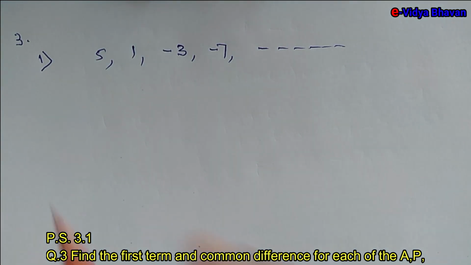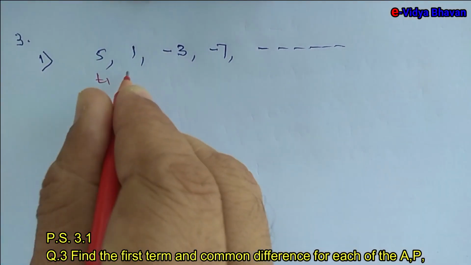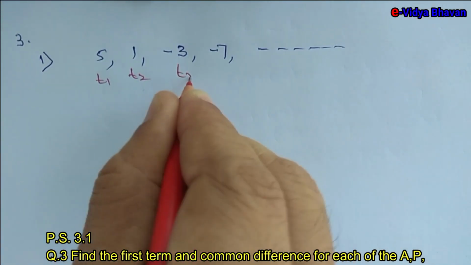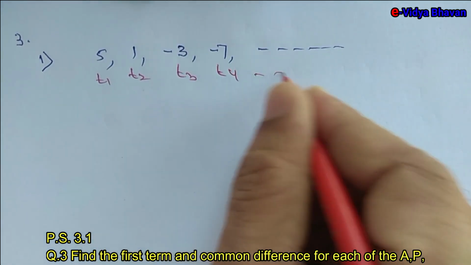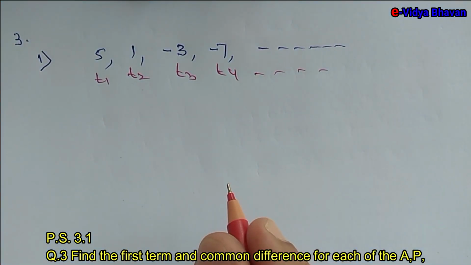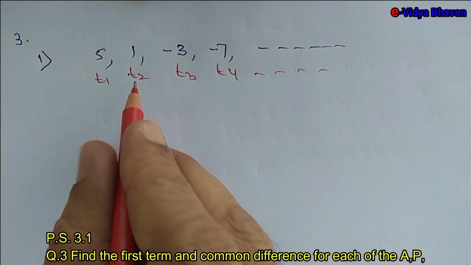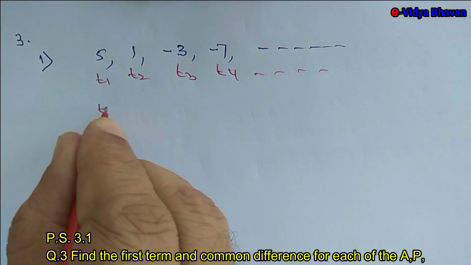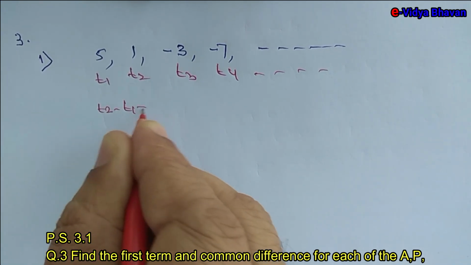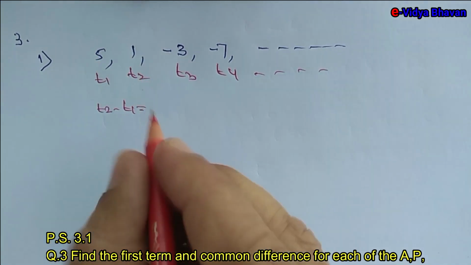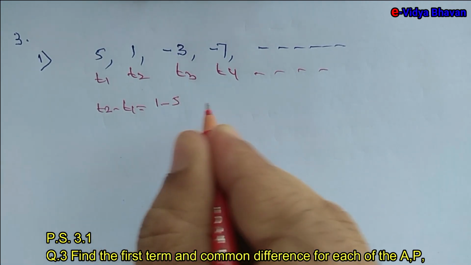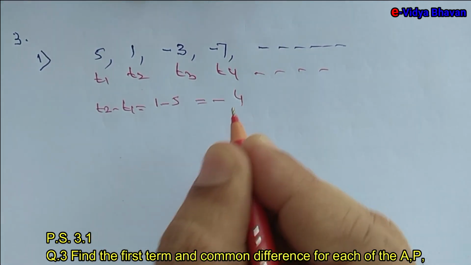Let's term them T1, T2, T3, T4 and so on. Now let's check the difference. We want common difference. So T2 minus T1, 1 minus 5, you are getting minus 4.